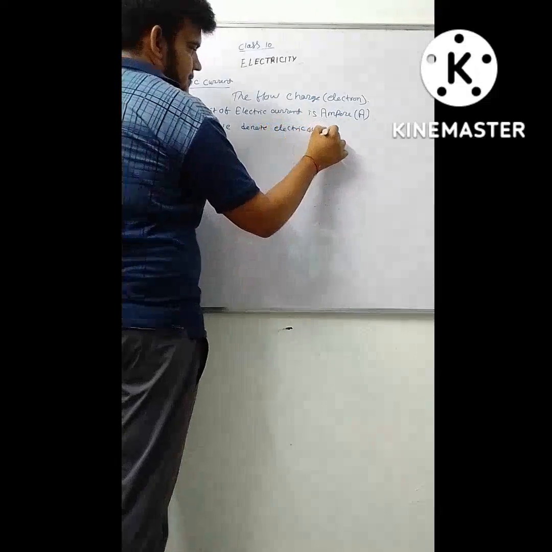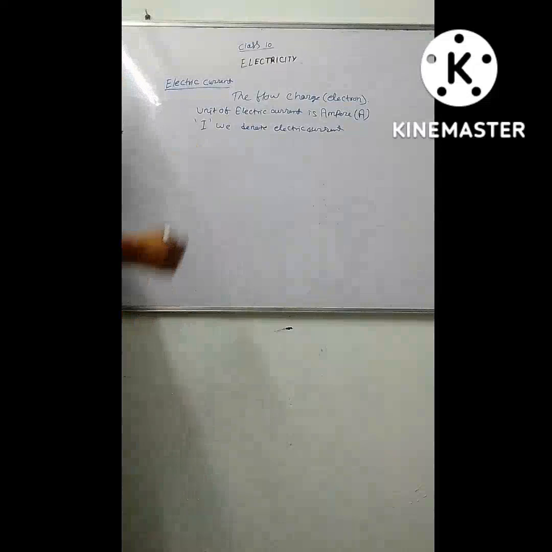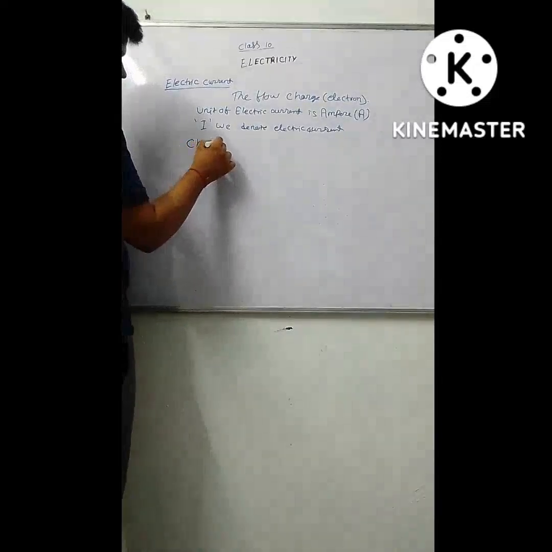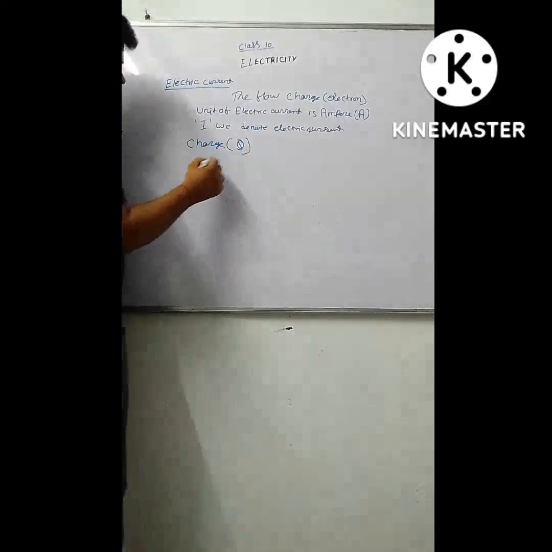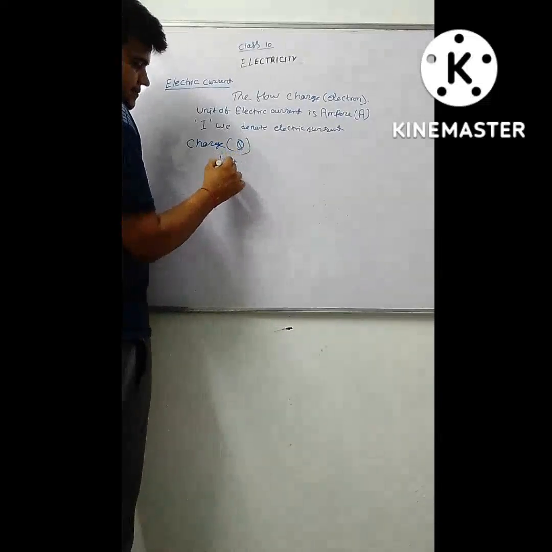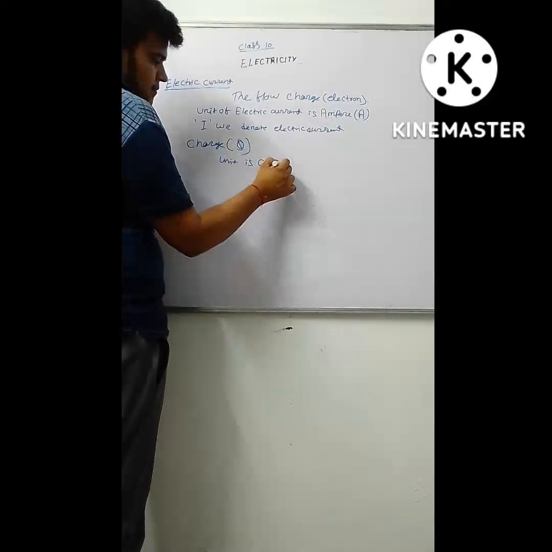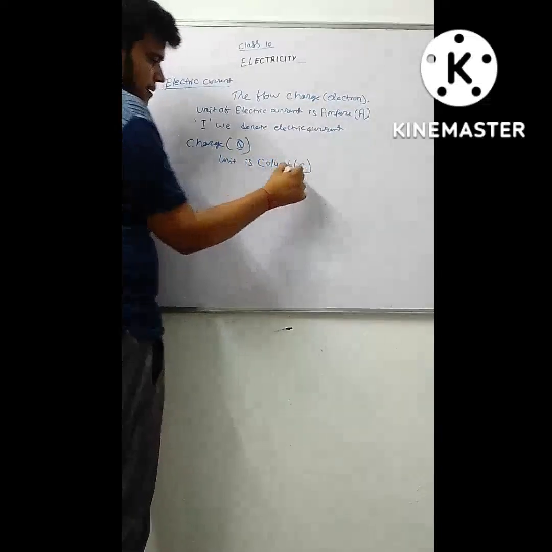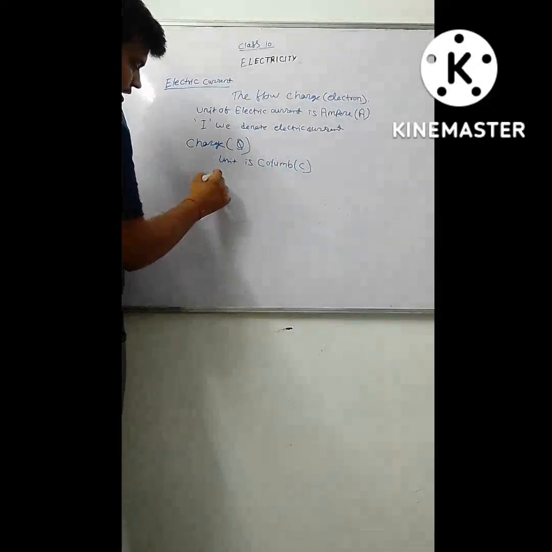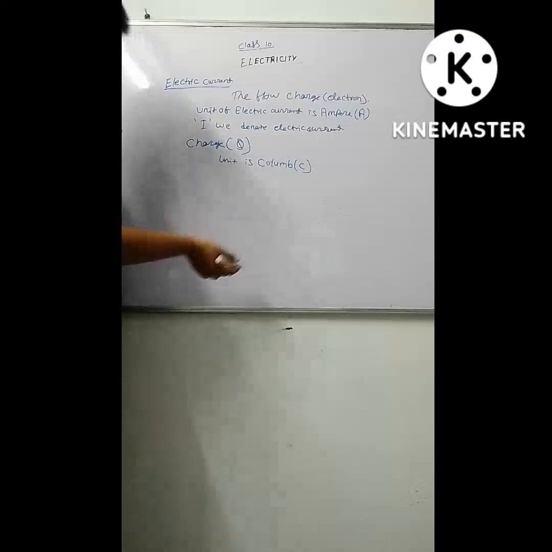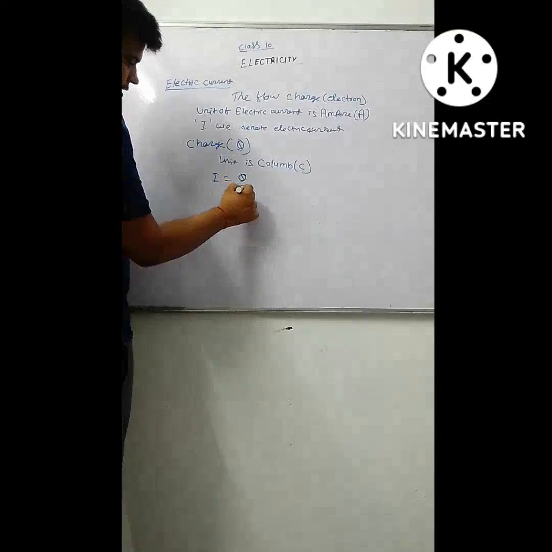As we discussed about charge, it is represented by Q and its unit is coulomb, that is capital C. From this concept, we have our mathematical formula, I equal to Q upon T.